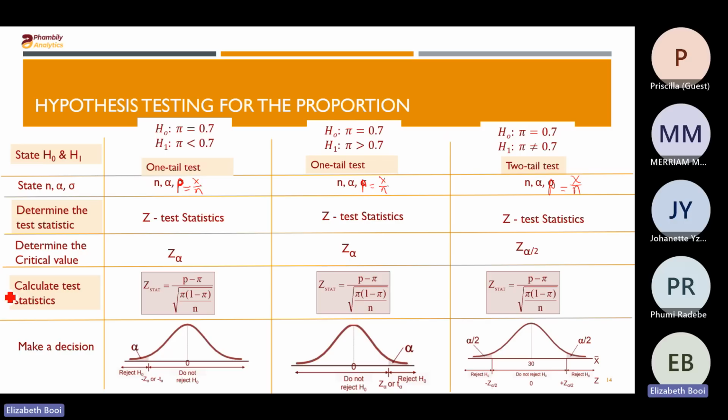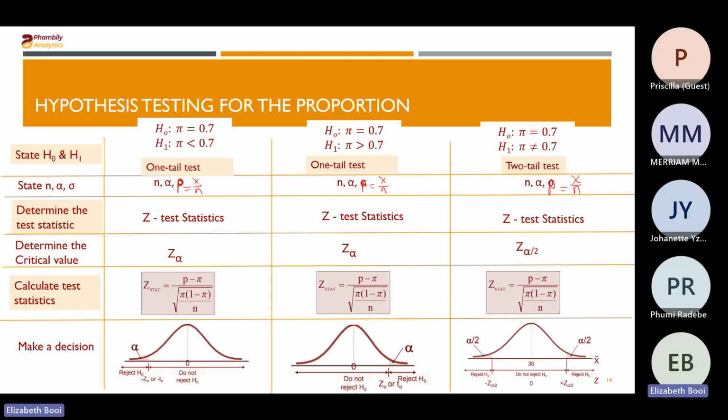You're going to calculate the test statistic by using the sampling distribution Z value, which is your sample proportion minus the population proportion divided by the standard error, which is the square root of your population proportion times 1 minus the population proportion divided by n.